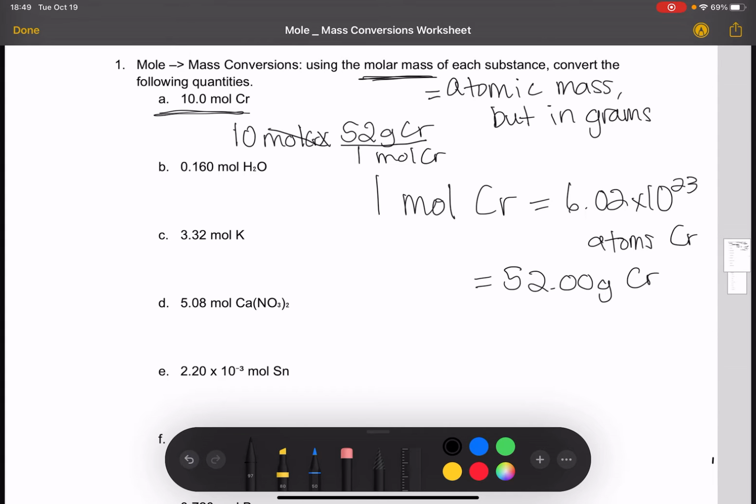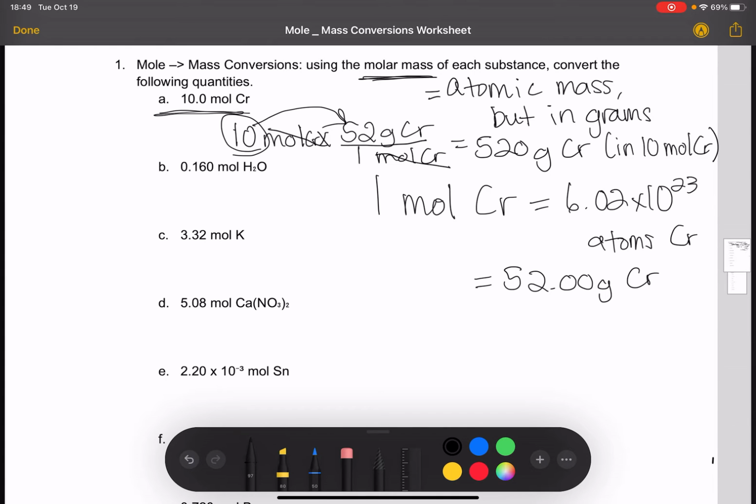I'm going to cancel out these units and multiply 10 times 52, and that's going to get me 520 grams of chromium in 10 moles of chromium.